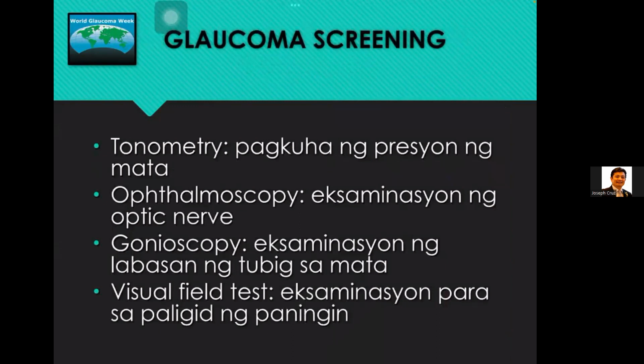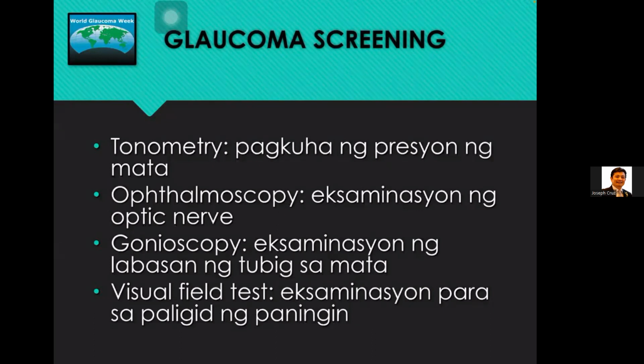And we can also check the pressure of your eye through a procedure called tonometry. We can also take a look at your nerve, the optic nerve, through the procedure called ophthalmoscopy. And we can take a look at the angle structures, where the drainage system is 360 degrees in your eye, through the procedure called gonioscopy. All of them will take just less than a minute or 2 minutes to perform.